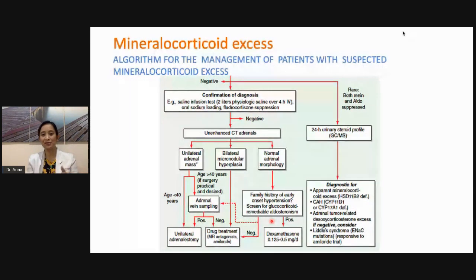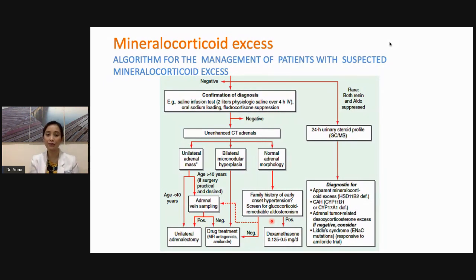If you're unable to suppress your aldosterone with your saline loading test, no, it means that there's really excess. Remember, when we suspect excess, we try to suppress it. This time, how do we try to suppress your aldosterone?